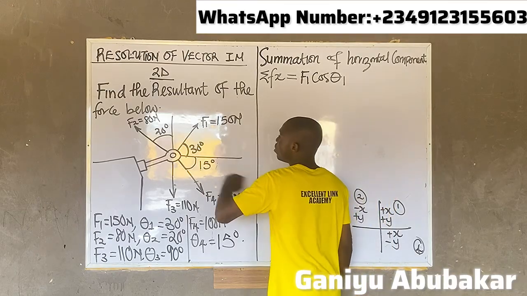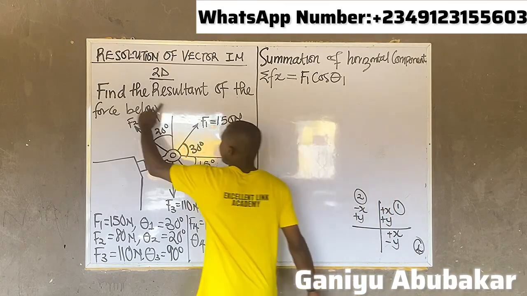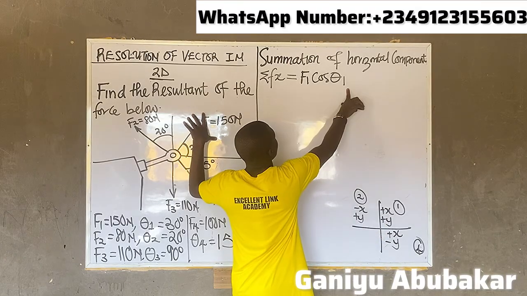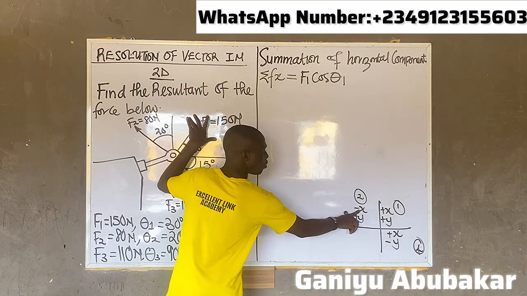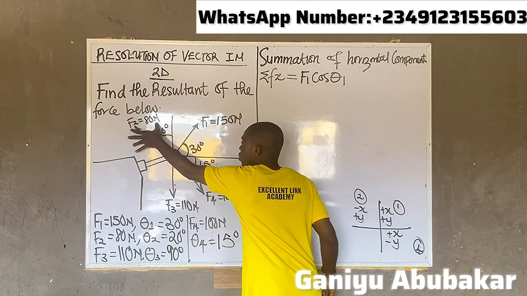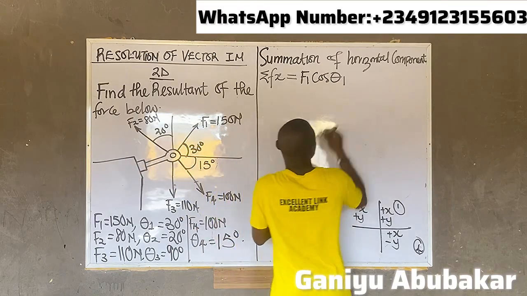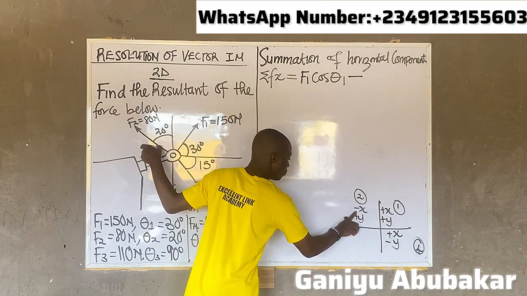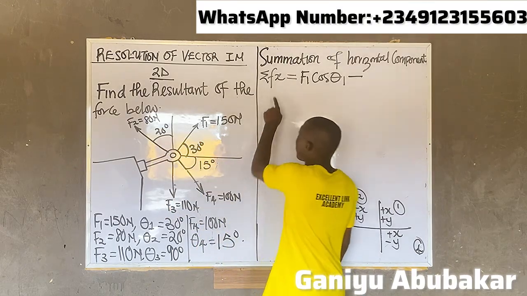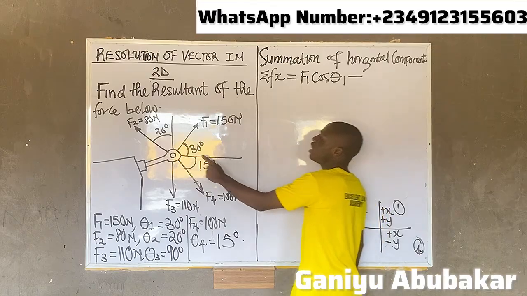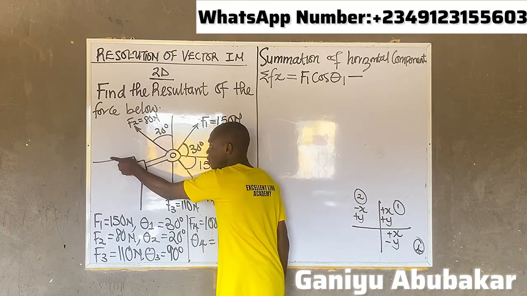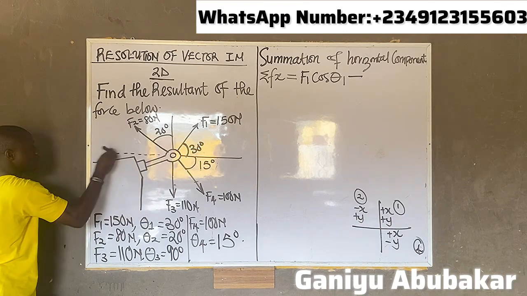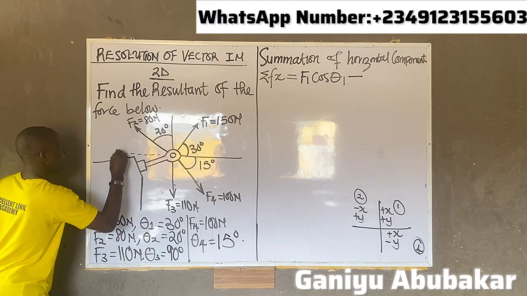I've resolved this one. Going on to this, we said for the first quadrant x is positive. Thus I have a positive value here. Second quadrant, x is negative. So if I resolve this one here, I'll have negative. Why? I'm in the second quadrant and we said x is negative. So for the x part, because I am on Fx, I resolve this force to the horizontal.